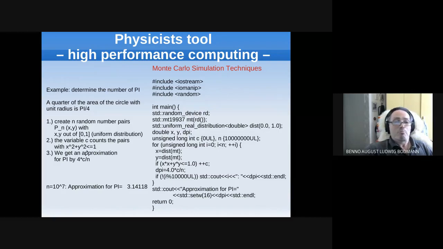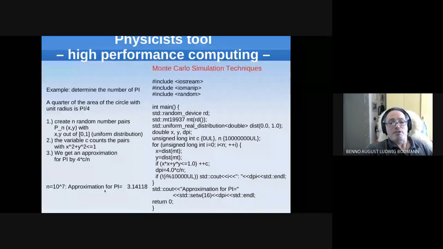If it's bigger than 1, it doesn't belong to the quarter of the circle, so it should be rejected. And we get an approximation for the number pi if we calculate 4 times the number of counted pairs which are inside the circle divided by the number executed. Here is a snippet which makes this calculation, and here you see the result. If you have n of 10 to the 7, we get an approximation for pi of 3.14.